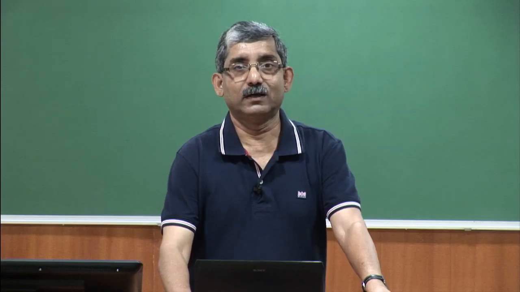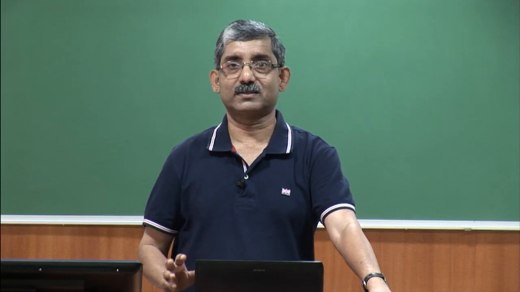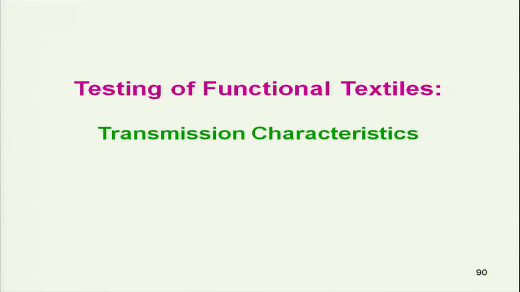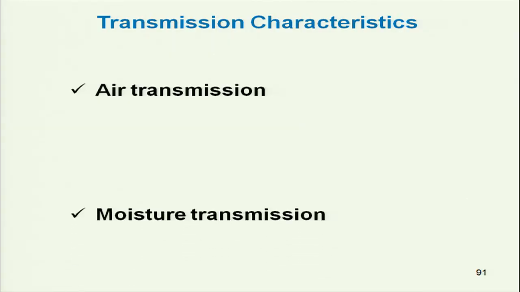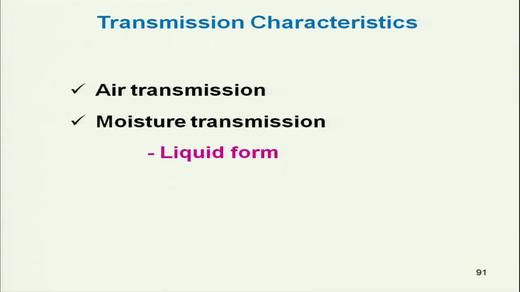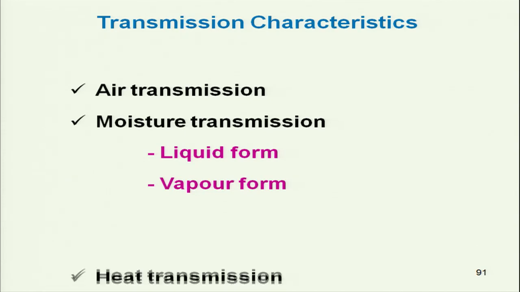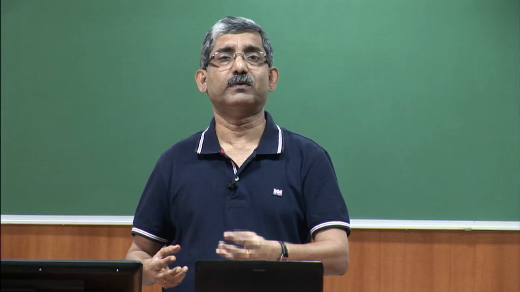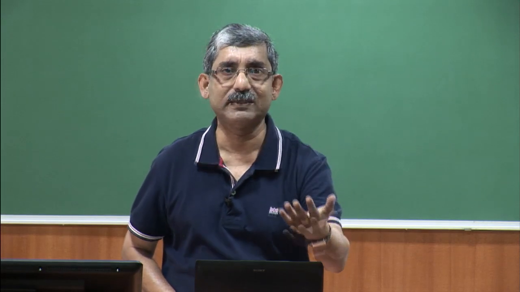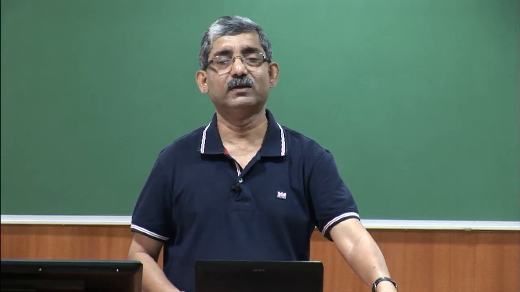Okay. In the functional testing characteristics, now we will discuss the transmission characteristics: transmission in the form of air, moisture, liquid, vapor, and heat. Air permeability we are not going to discuss here, because it is normally taught in the course in detail, and my submission is that we should not give in-depth coverage to one aspect only.